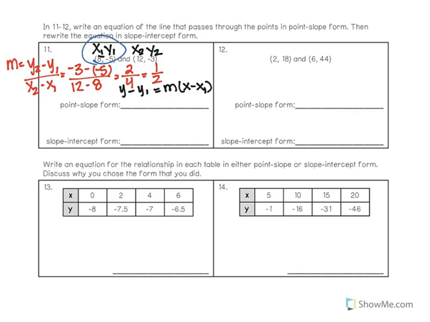Then we have y minus y1, which is a negative 5, is equal to m, our slope, which is 1/2, x minus x1, which is 8. However, we cannot have those 2 signs in a row, so when we rewrite it, it's y plus 5 is equal to 1/2 x minus 8.